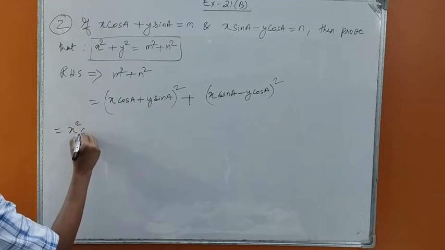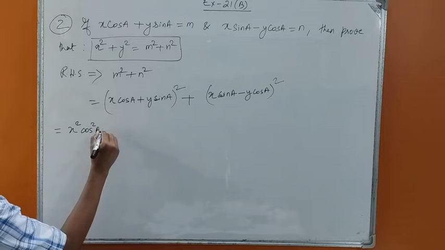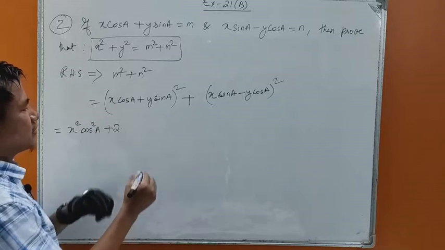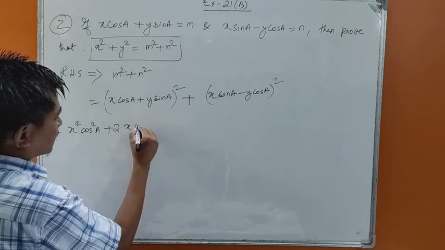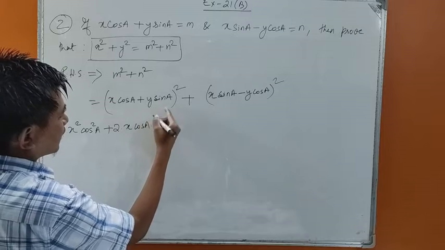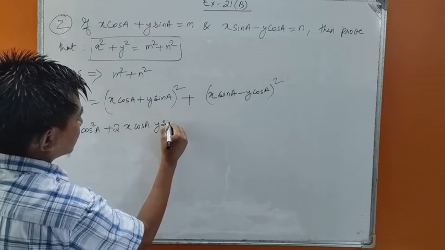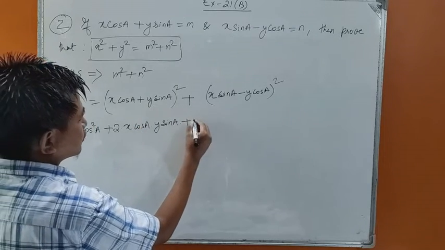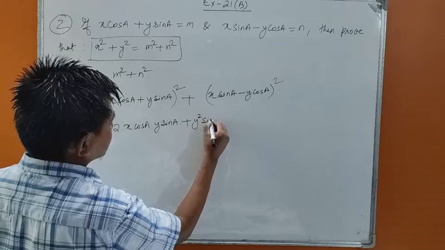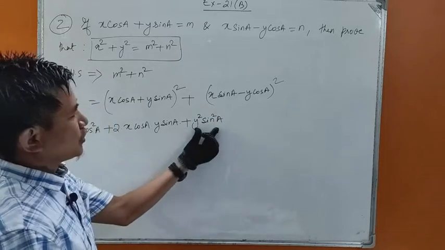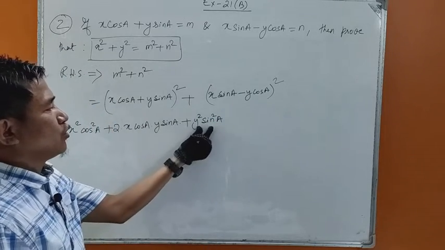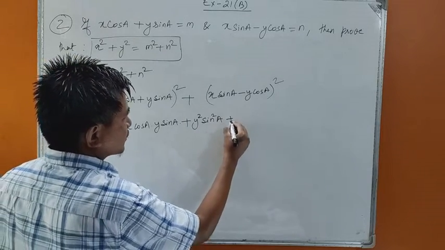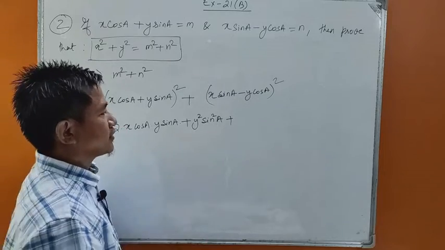A square means x square cos square a, plus 2ab, where a is x cos a and b is y sin a, plus b square, which is y square sin square a, since y sin a whole square means y square sin square a.